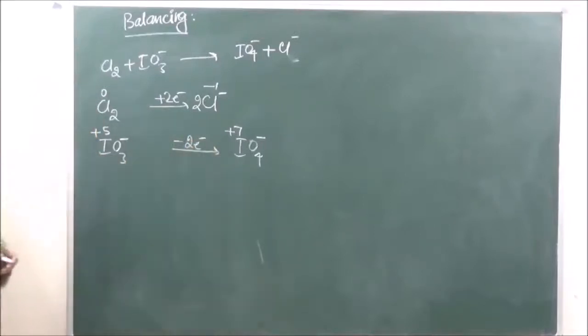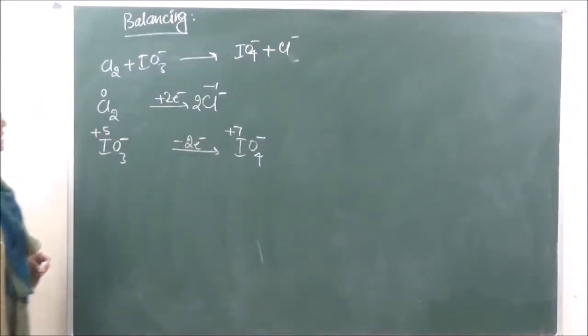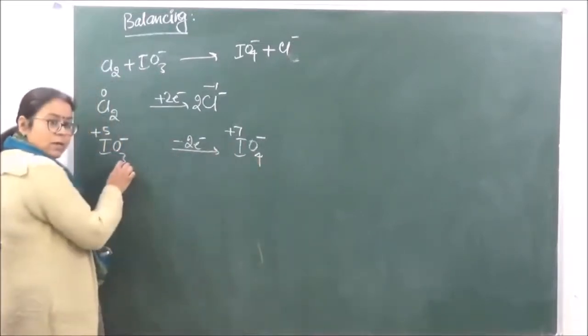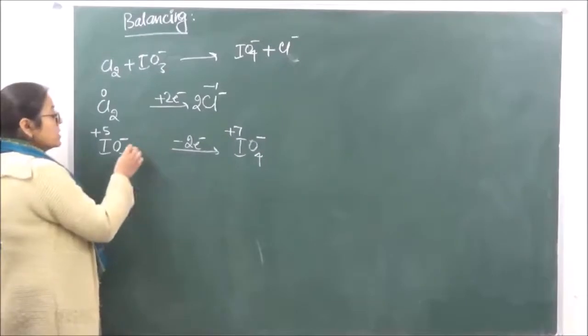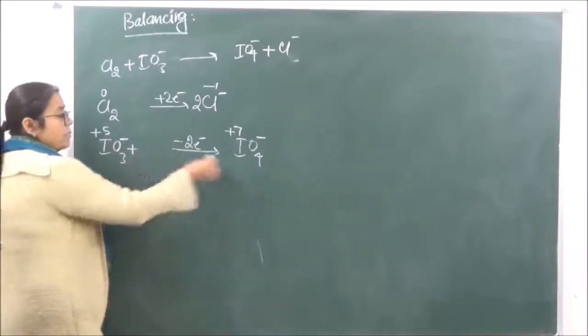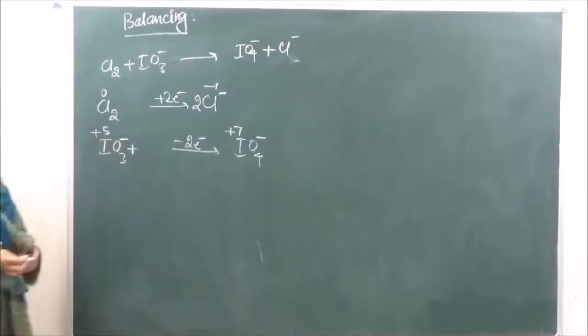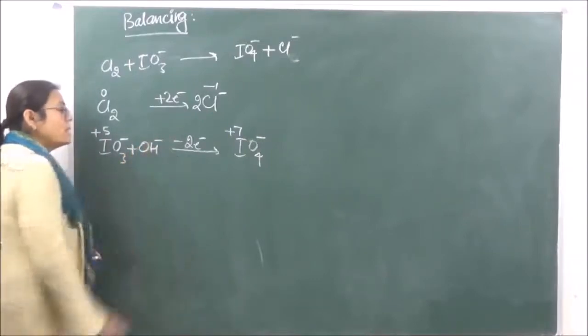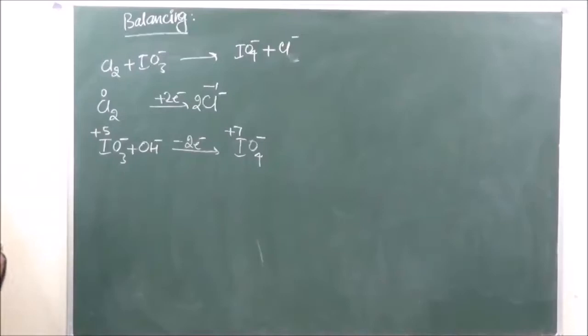Right? Now how will we balance the oxygens? In this case, on this side there are 4 oxygens, on this side there are 3 oxygens. तो जिस साइड ऑक्सीजन्स कम है वहां पे आपने उतने ही OH नेगेटिव आयंस लगाने. यहाँ पे there are 3, यहाँ पे 4. So 4 minus 3 that is equal to 1. Right? So you put one OH negative on the left hand side, right?